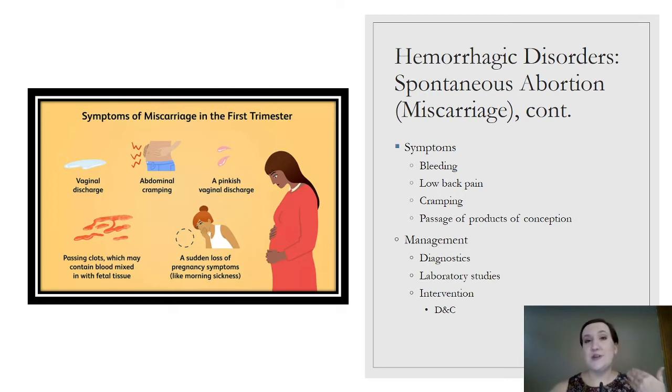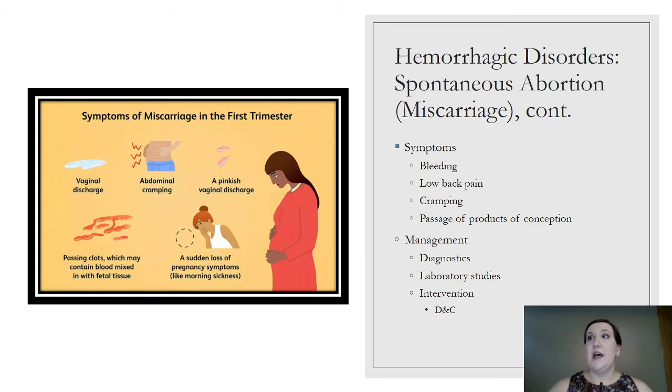Those symptoms are going to be a lot different at about 4 weeks of gestation, when you still basically have that fetal egg sac. There's not a lot to pass as far as tissue, versus that 18, 19, 20 week of gestation where you have more of a placenta, you have more tissue, and that fetus is more fully formed and developed.